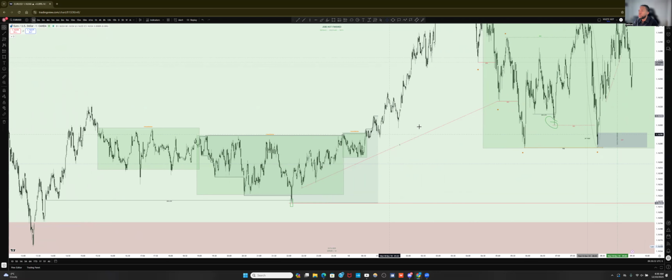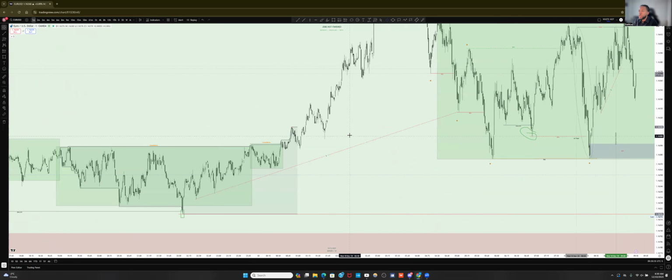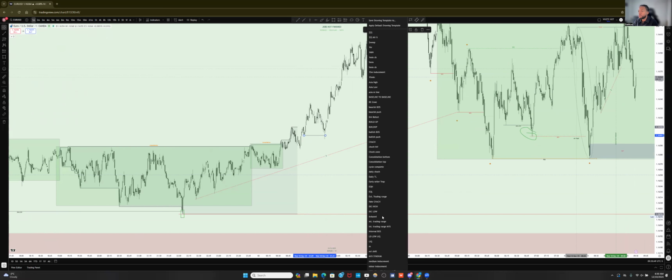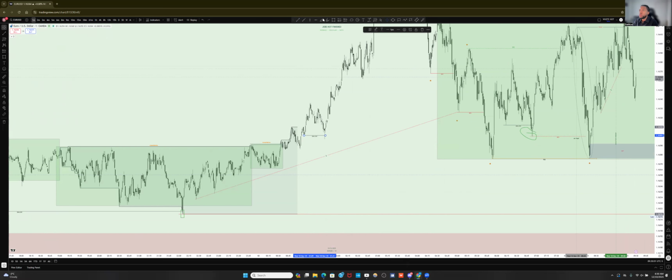We have a build up here that was not induced. We had another buyer inducement here. Price built up this low that led to this high that broke the above Asia high. Price came back, induced it. This was during Frankfurt. We got this buyer inducement once again.